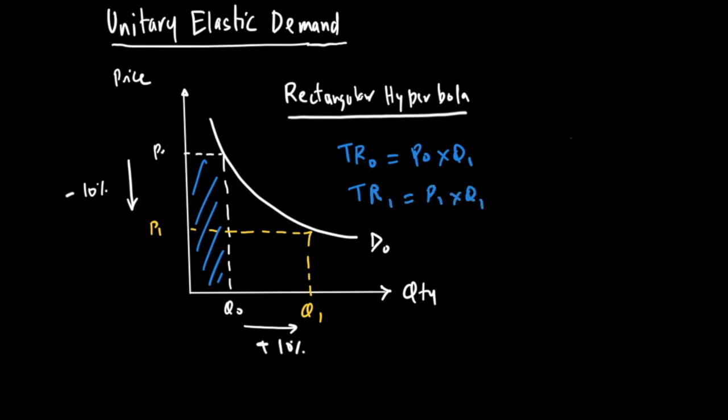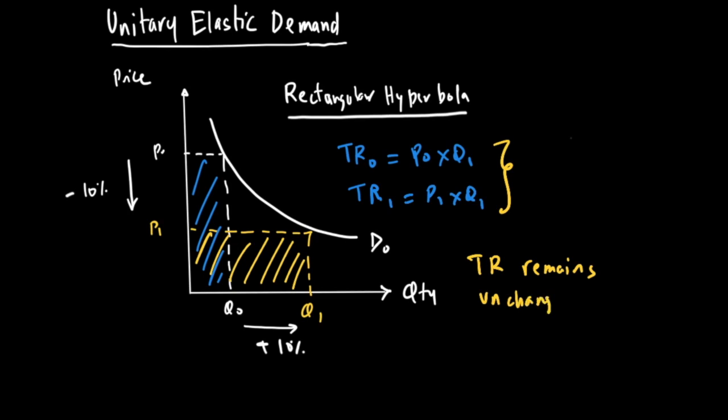So that will be this region, P1 times Q1. So when you are selling a unitary elastic good, the percentage change in price will lead to an equal and opposite change in quantity demanded. Hence, total revenue remains unchanged to a change in price.